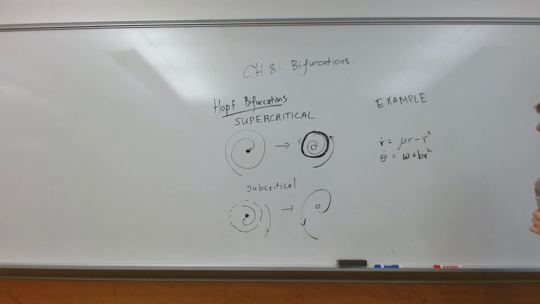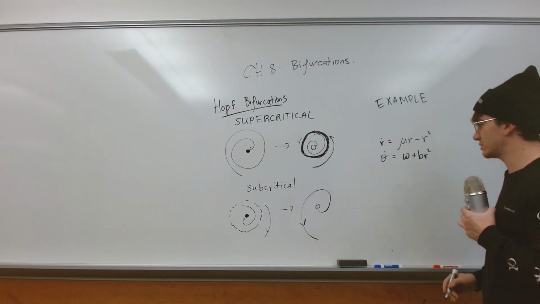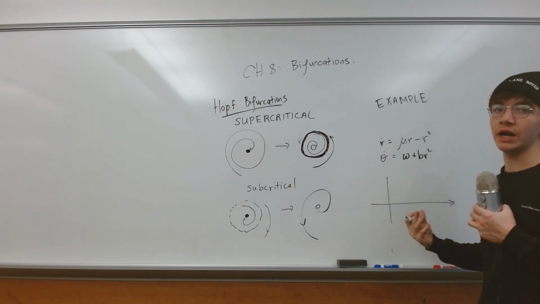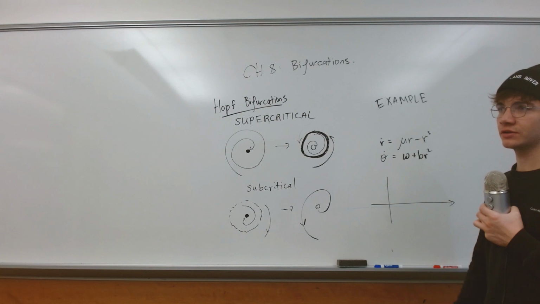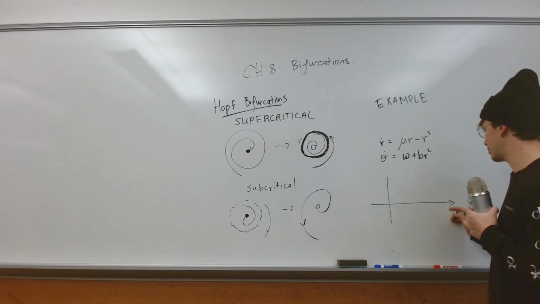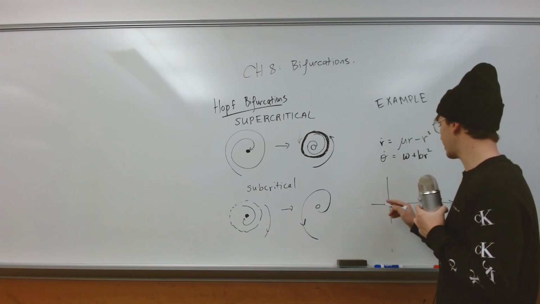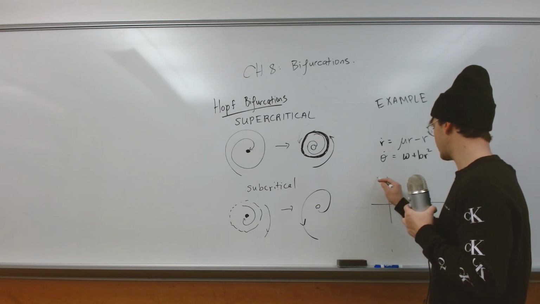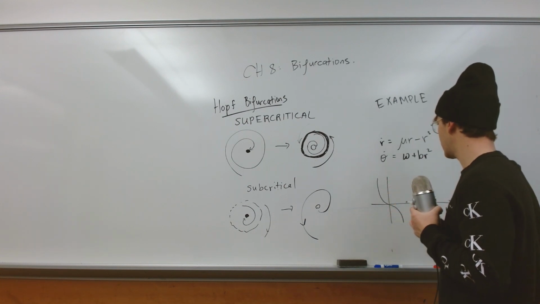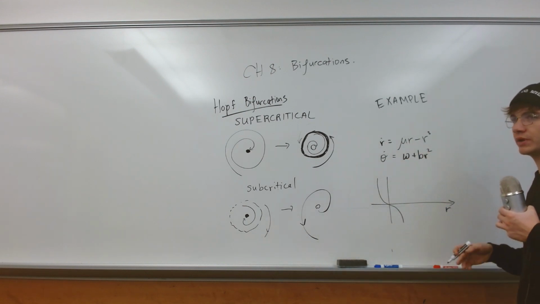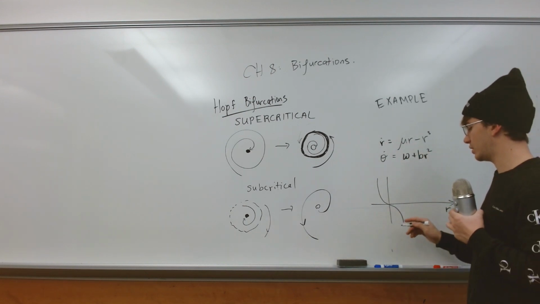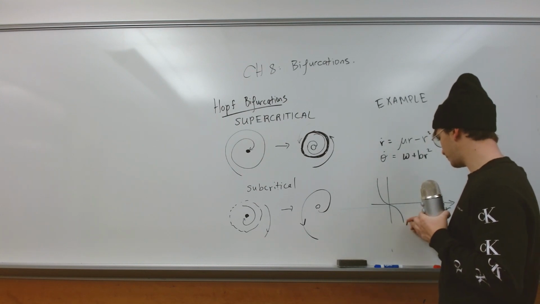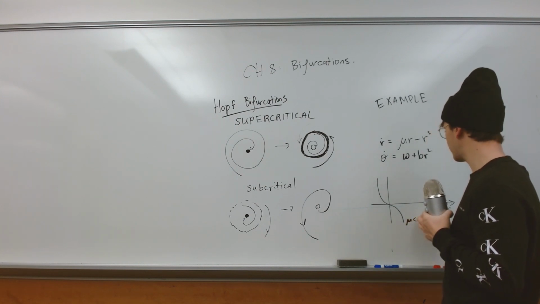And so as we can see in the radial direction, it's evident why we're going to get a stable spiral. In the radial direction, we're going to have originally something that looks like this, and then as we increase mu past 0, I can draw it in a different color. This is mu negative.